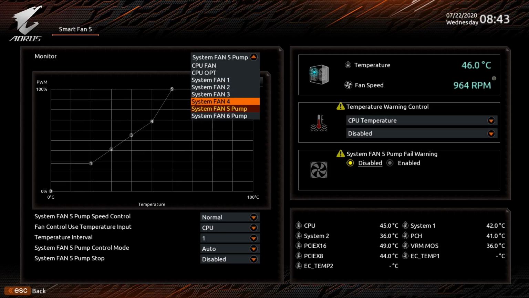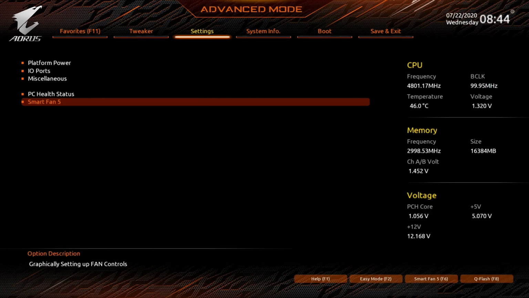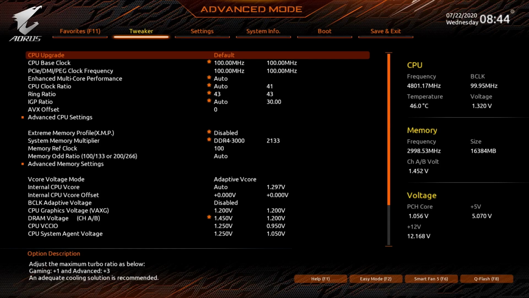Some of the case fans are set on a temperature profile based on the CPU. That should be good enough. Then after that's done, I make sure I set a baseline for everything, a good place to start, and save a profile.